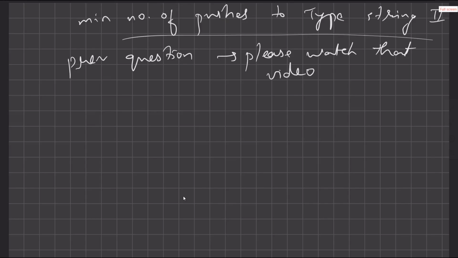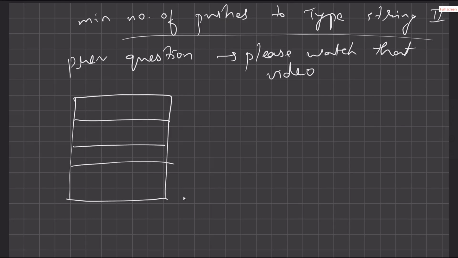Again, let me just tell you on a high level. We have a keypad phone. Here we'll have 1, 2, 3, 4, 5, 6, 7, 8, 9. We have 0 here, star, hash.